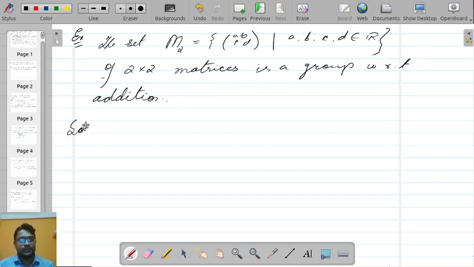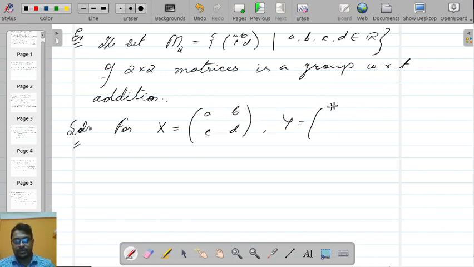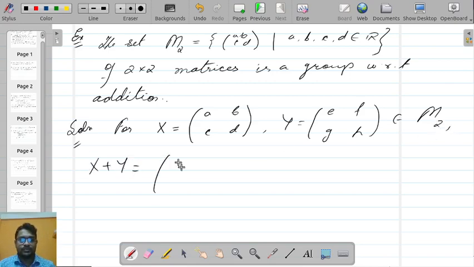Let us take x equal to [a b; c d] and y equal to [e f; g h] in M2. How do you define x plus y? We define it as a plus e, b plus f, with the corresponding elements added.